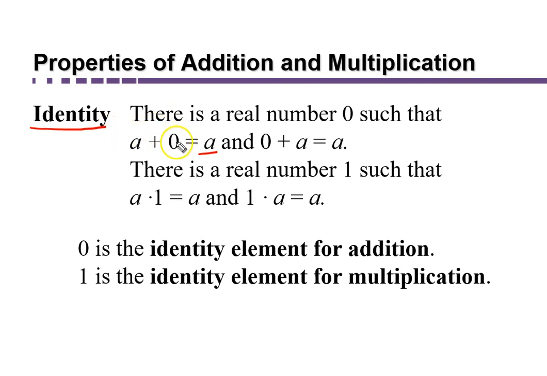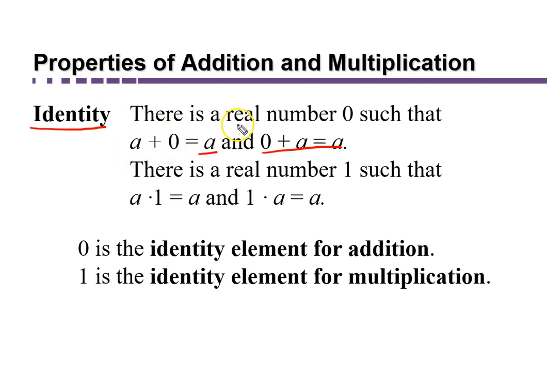You could add 0 to anything and not change its value. So the identity property of addition is a 0 added to anything.